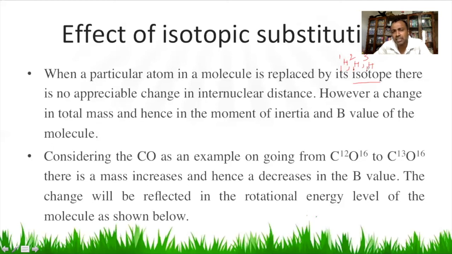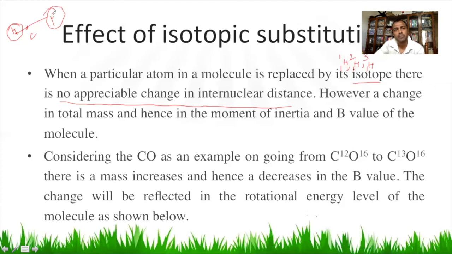So if I change it, there will be an appreciable change of internuclear distance, since the value of r will be changed. For example, if it is HF and I replace F with a heavier isotope, then the value of r will definitely change.